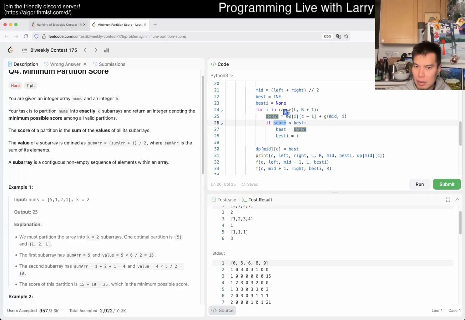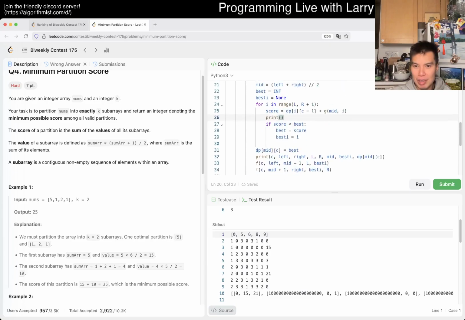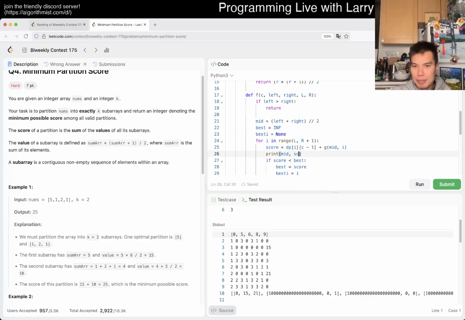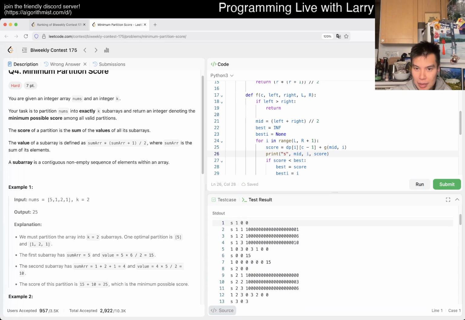Sure. I guess I'm too dumb to figure it out without looking at it. I don't know. Okay, I mean, am I doing this wrong? It's from mid to I inclusive, right? So mid, well, the other way around, but yeah, so the mid is 1, so why is this 0?